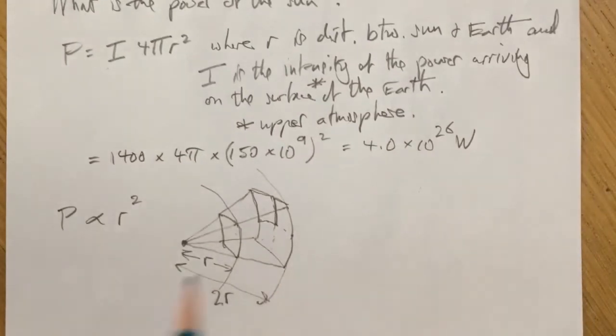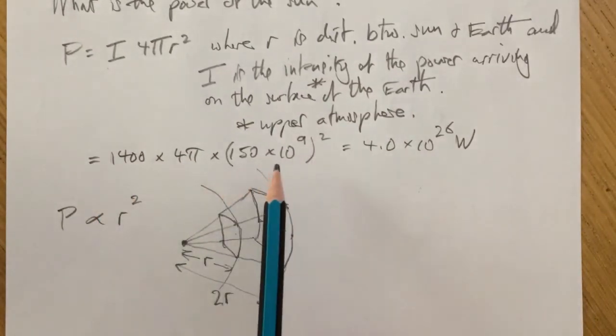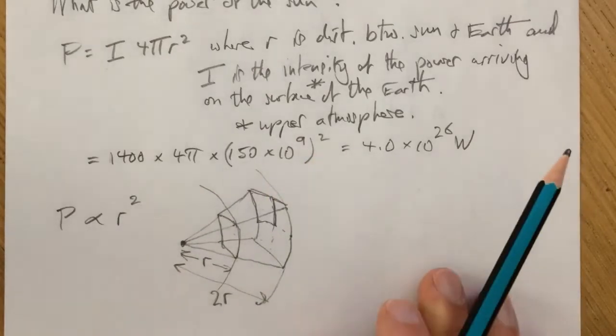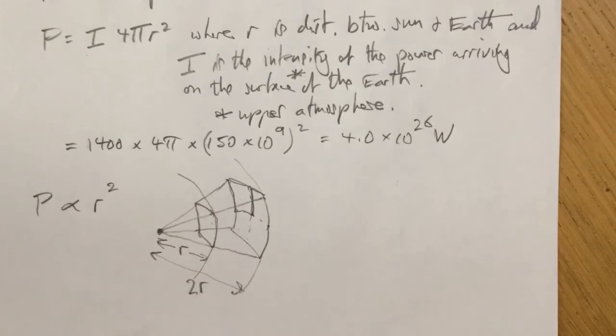Put the numbers in. 1400 times 4 pi times r squared gives us a massive 4 times 10 to the 26 watts. That's the power output of the sun. Every second the sun is producing 4 times 10 to the 26 joules of energy. That is a lot of energy during this video.